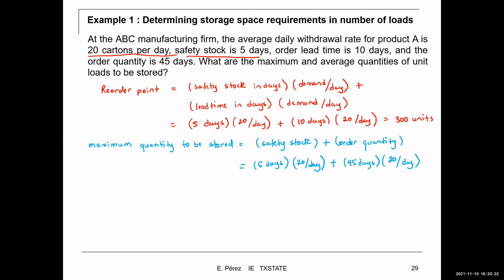So the maximum quantity to be stored will be 1,000 units, which is the safety stock plus the order quantity. That will be the maximum you will have at any point, if you have all your safety stock in the warehouse plus your order quantity.